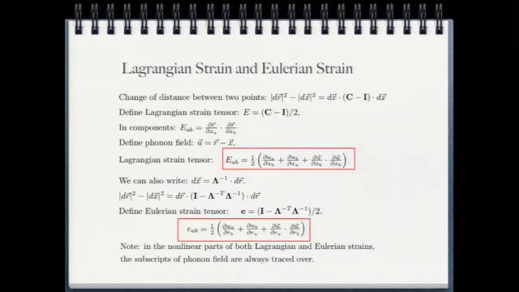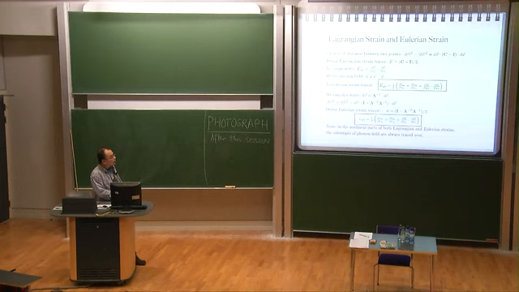There's another way to define strain tensors. We can express the vector dx in terms of dr, so we use dr as the basic variable. Then the change of distance can be written as dr dot some matrix dot dr, and this matrix is called the Eulerian strain tensor. It's 1 minus lambda inverse transpose times lambda inverse, divided by 2.